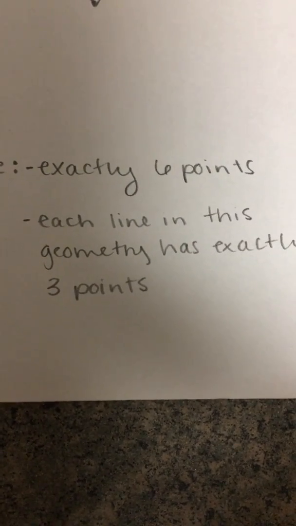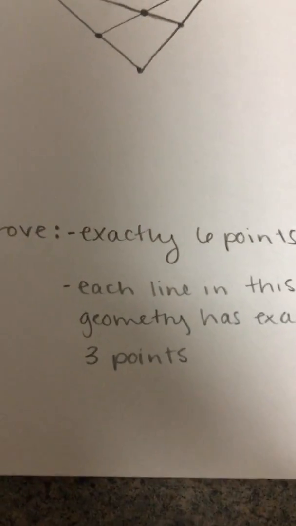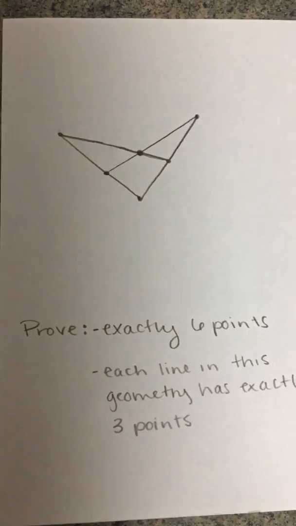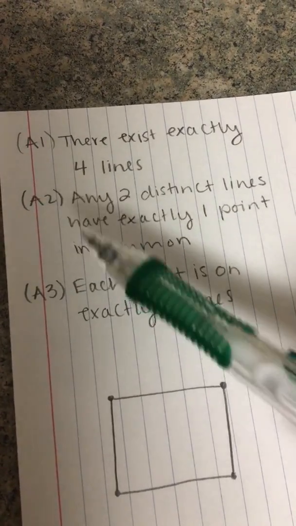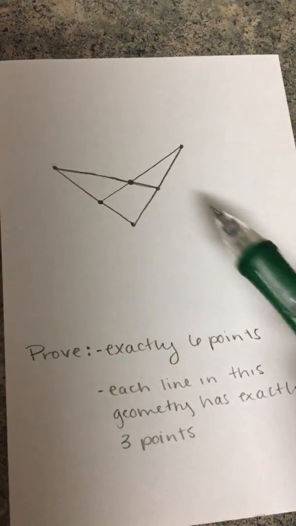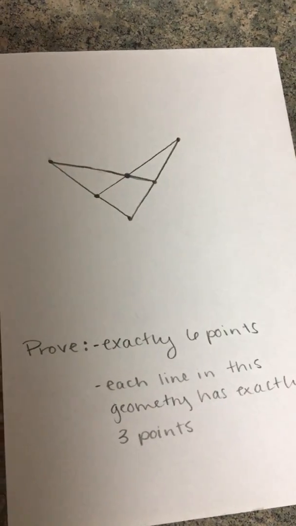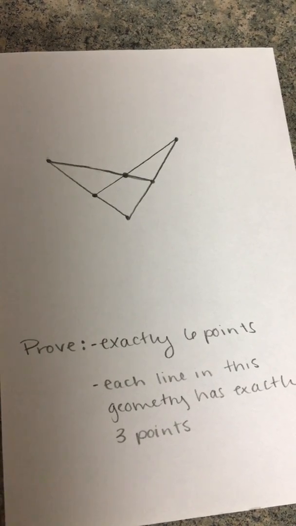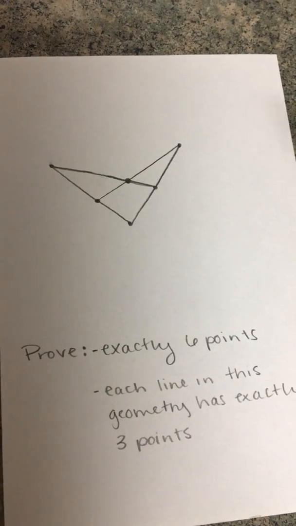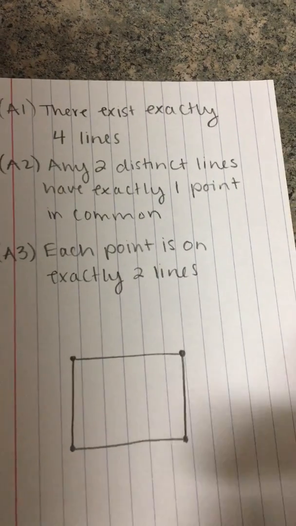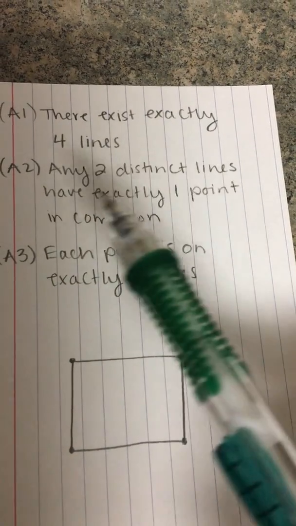So we need to prove that there are exactly 6 points. So I still have to keep, if you'll remember, these axioms in mind, but I come up with this geometry shape, and I know that there's exactly 6 points because I still have my 4 lines, and they're crossing, but any 2 distinct lines have exactly 1 point in common.